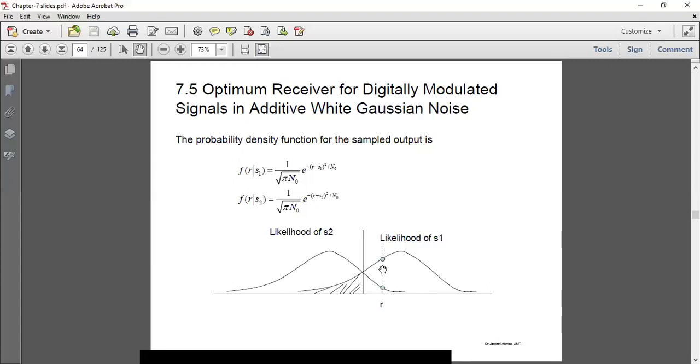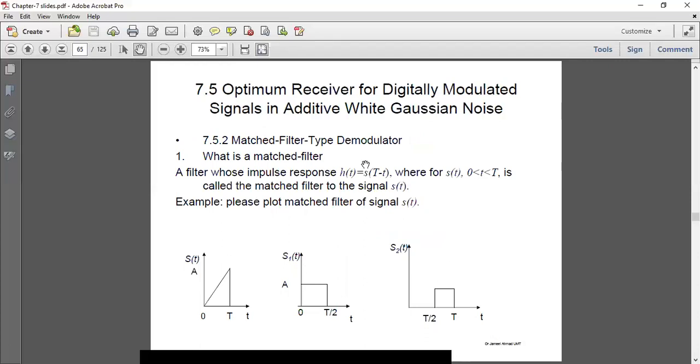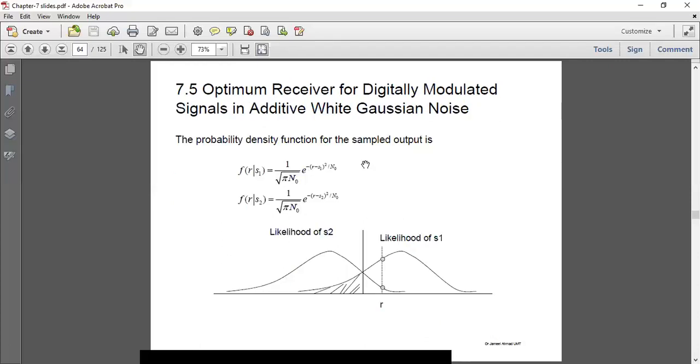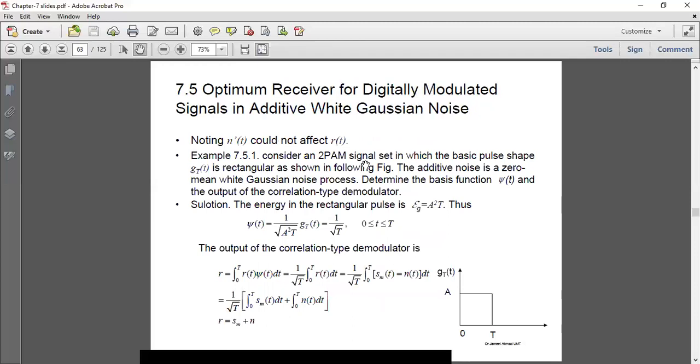However, if s1 goes into this region, there is an error, because we actually transmitted s1, but we are detecting it as s2. So there is an error. Similarly for s2, if it goes to the region of error. That was the example for PAM signal, example 7.5.